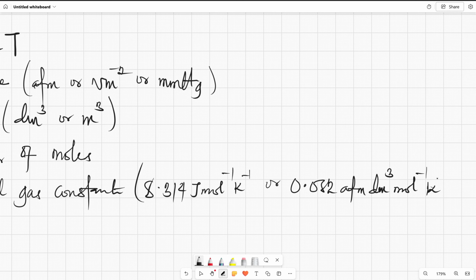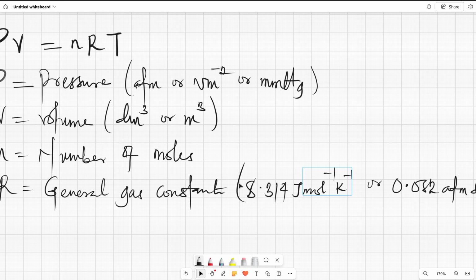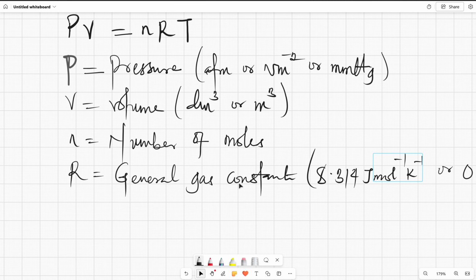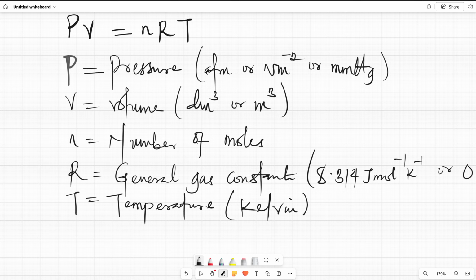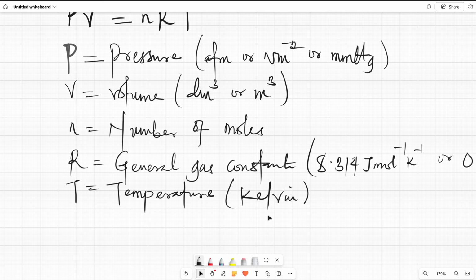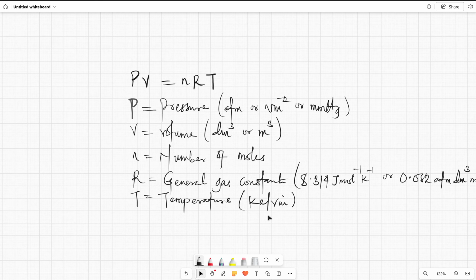These two values of R are the most common ones that you'll be working with. T is your temperature, on the thermodynamic scale, in Kelvin. If you are given it in the centigrade scale, you have to convert to Kelvin.